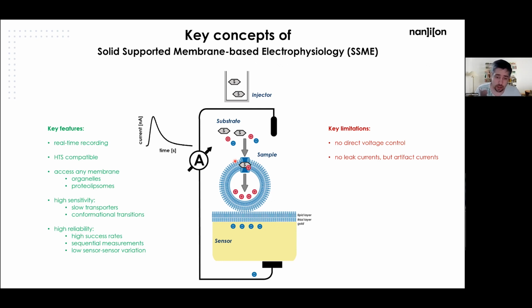And then you will get some capacitive currents as well. And that's why you need negative controls to be performed. Negative controls don't have the transporter of interest, and you only see the membrane ion interaction, and you can subtract these currents from your sample currents, essentially.